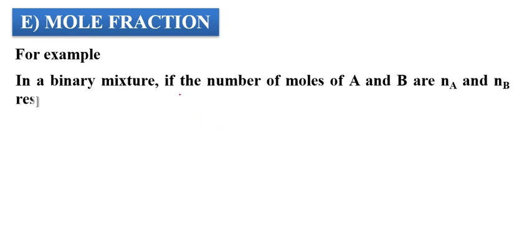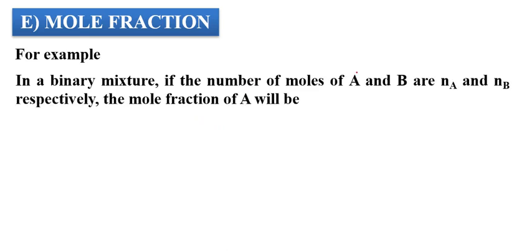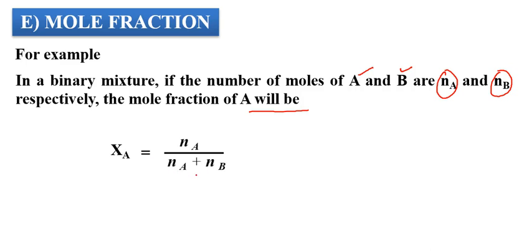In a binary mixture, if the number of moles of A and B are Na and Nb respectively, the mole fraction of A will be chi A equals Na upon Na plus Nb. There is no 100 into 100, right?